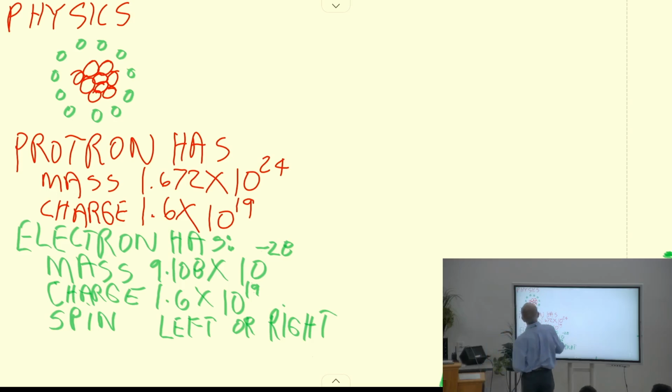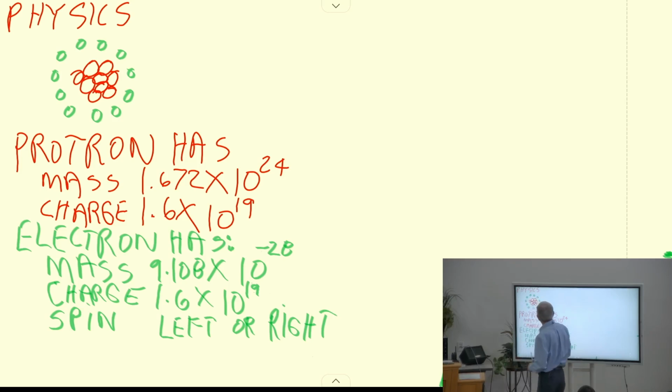This is a model of an atom, very simple, and you all know that. We have protons in here, and I'm not showing the neutrons. And around the atom we have electrons. The electrons are the workhorse of the universe, the number of things that happen because of electrons.